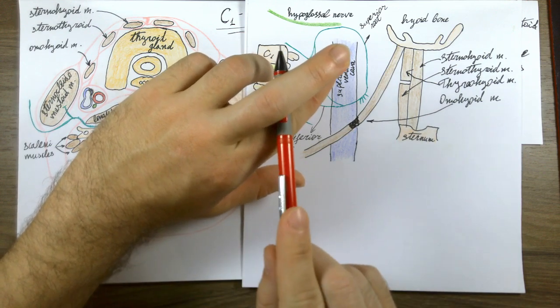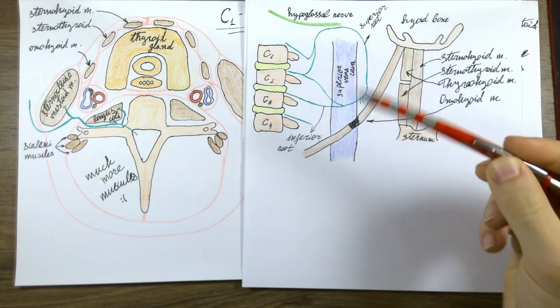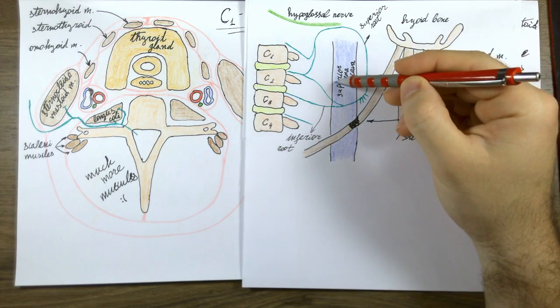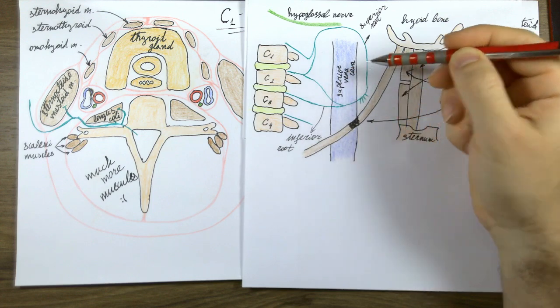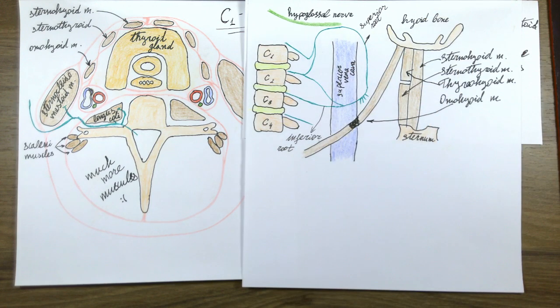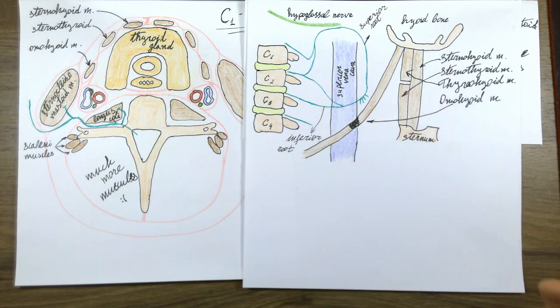So you won't see it like that exactly. What would happen during your dissections, you would see vena cava, and over it you would see kind of a loop that's stuck to the anterior wall of the vein like that, and that would be the cervical plexus. Sorry, not the cervical plexus, the cervical ansa. Now, from the cervical ansa, you would see several branches going out, and these branches would enter different infrahyoid muscles.